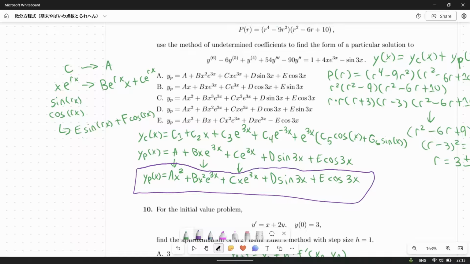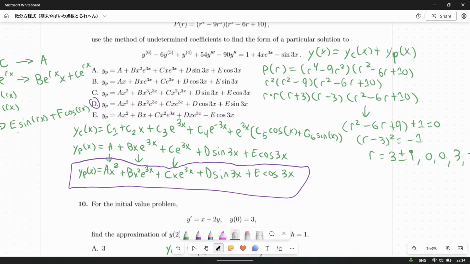And that matches up the closest with answer choice D, with the only difference being that they put the cosine term before the sine term, whereas I put the sine term before the cosine term. But you can probably see how they take up the same form, so the order there doesn't really matter. They'll be the same. And so as a result, the answer to this question is going to be D.